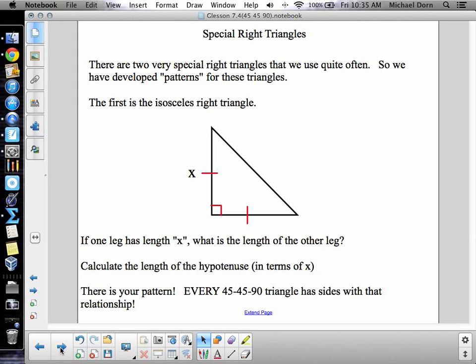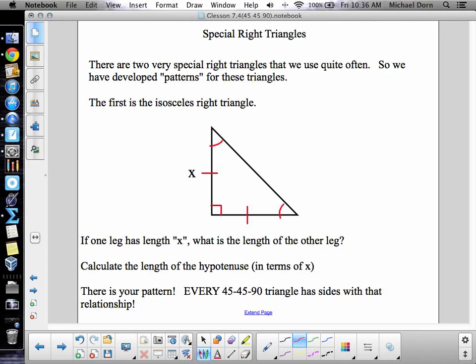But the nice thing about the 45, 45, 90 is that if I know the angles are congruent, then the opposite sides must also be congruent. So it's an isosceles triangle. So if I know one leg, I always know the other leg. The two legs have to be congruent in this triangle. That's what makes it special.